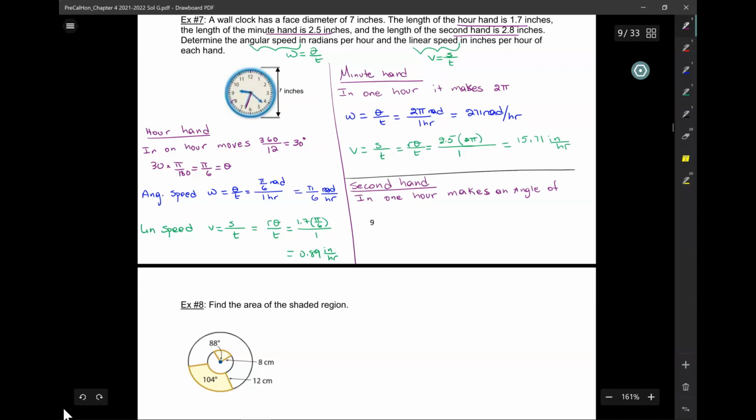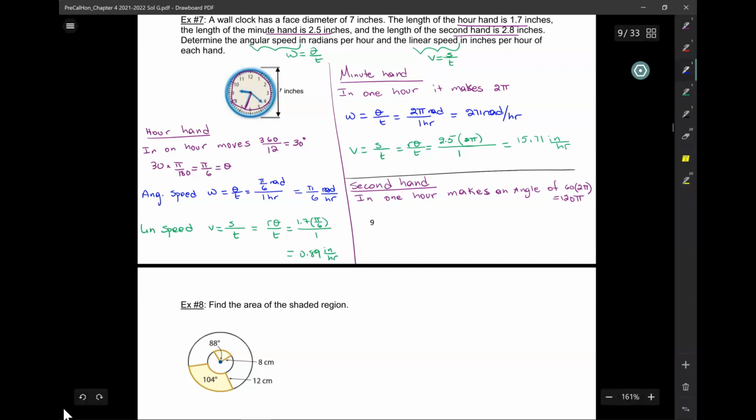This is the second hand. In 1 minute, it goes around the circle 360 degrees. So 1 minute, 360 degrees. But in 1 hour, it does that 60 times. So it's 60 times 360 or 2 pi. So 120 pi.